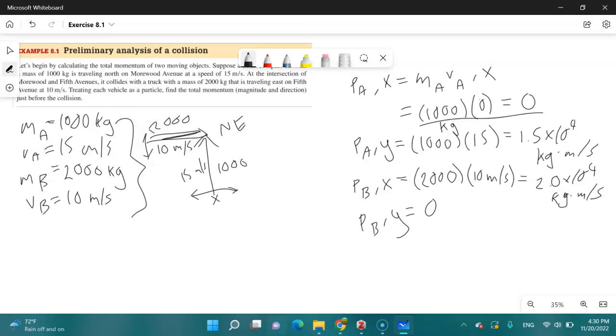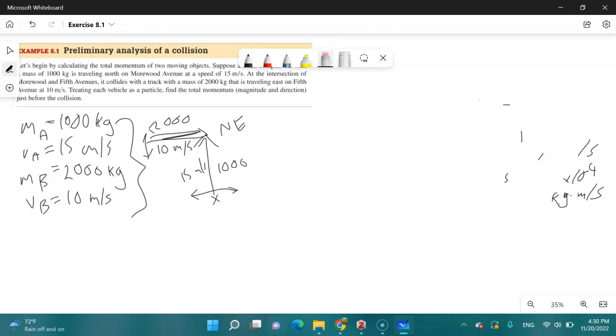So now that we have these values, we can try to work for the total momentum. So let me clear some space to work on the total momentum. Okay, so now we're going to add up both these values that are in the x direction and the y direction. Let's try to find the total momentum in the x direction. We know that the value for the car was 0, but for the truck the value was 2.0 times 10 to the 4th.